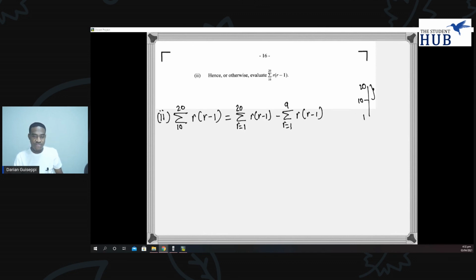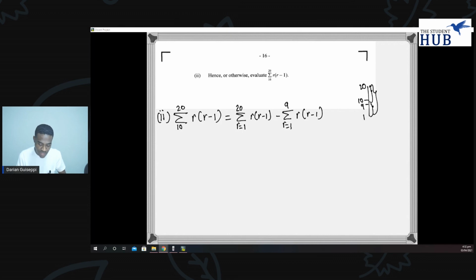So how do we find 10 to 20? What we could do is find the sum from 1 to 20, and then find the sum from 1 to 9. And I can find the difference between those two, and the difference will give me the sum from 10 to 20.